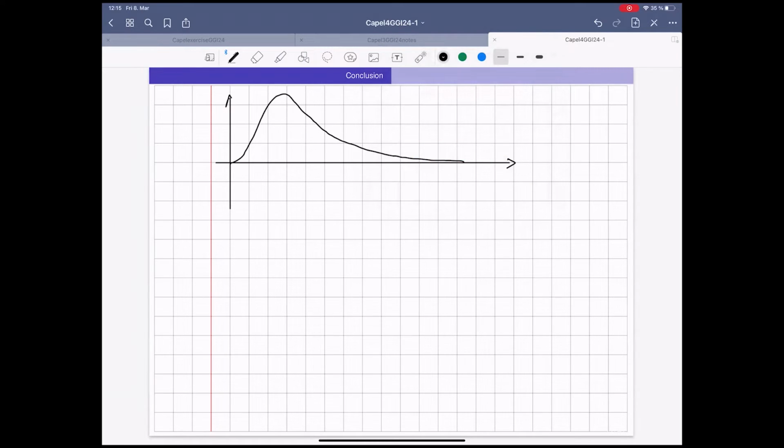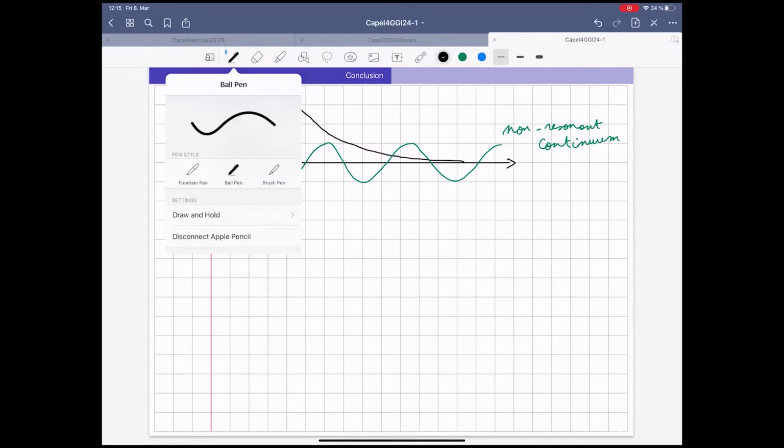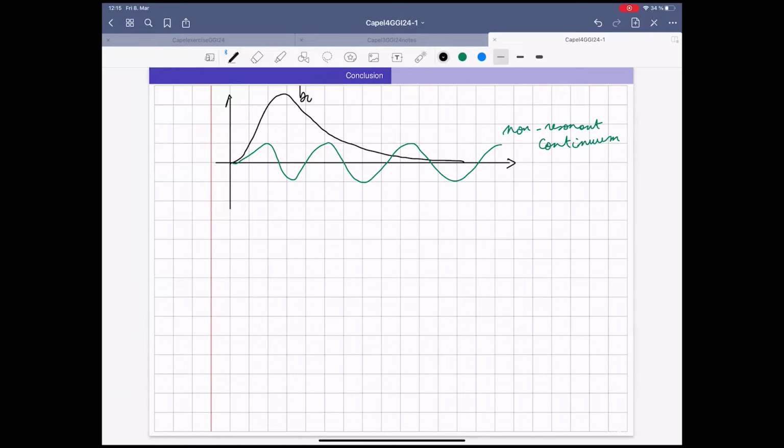The non-resonant continuum will have a behavior like that. There is some distortion in the non-resonant continuum. And this is the bound state.